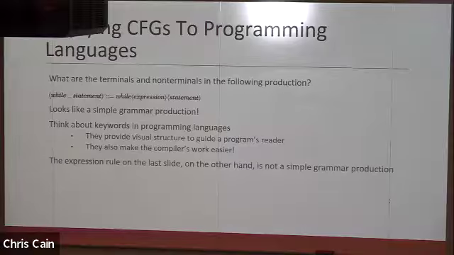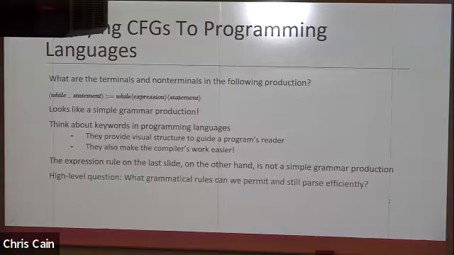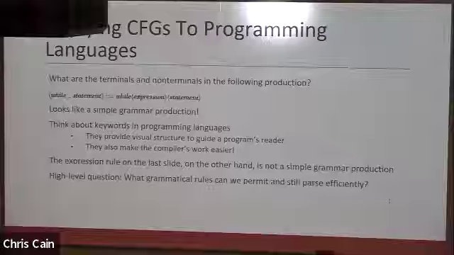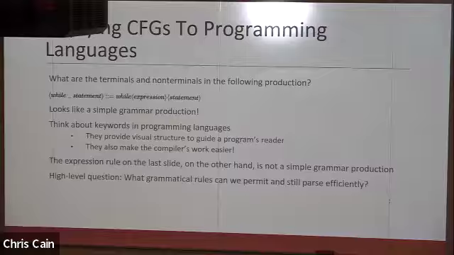On the other hand, we didn't have a simple grammar production for the expressions on the last slide. So a high-level question that we're not going to answer quite yet, we'll come back at the very end of this class and answer it, is what kind of rules and grammars can we parse efficiently? If we had to place restrictions on grammars such that programmatically we could easily determine whether a string was in the language accepted by that grammar or not, as well as other complex questions associated with that, then how would we actually do it?